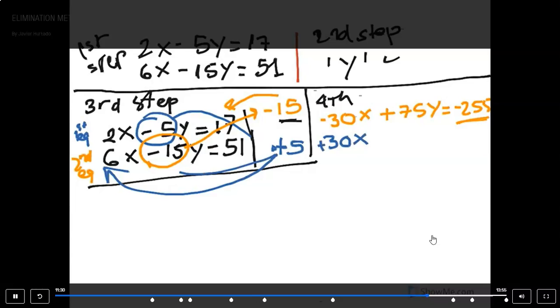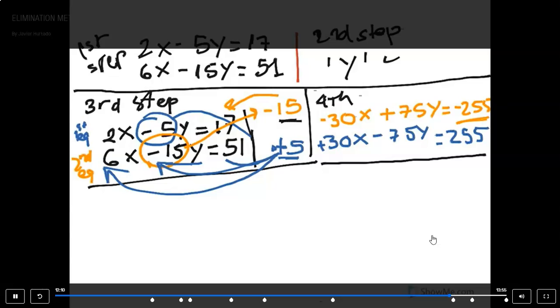Then I have positive 5 by negative 15. That's going to give me negative, and 5 times 15y is going to give me negative 75y. Finally, I'm going to multiply positive 5 by 51, and that's going to be equal to positive 255, okay?